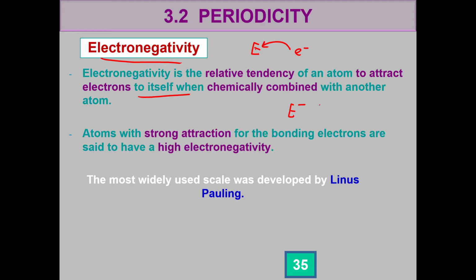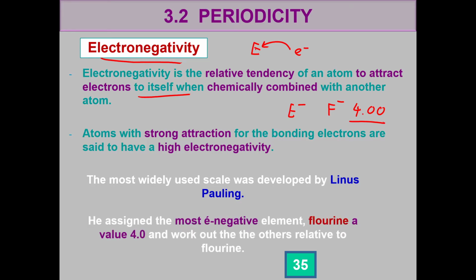Kan? Negative charge maksudnya dia ambil elektron kan? Dia curi electrons. Okay. Electronegativity values mostly you guys boleh tengok the trend lah. But I'm telling you that the highest electronegativity value is fluorine. Fluorine is very electronegative, and the highest value is 4.00. That is the highest electronegativity value.